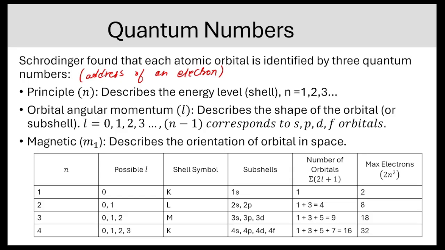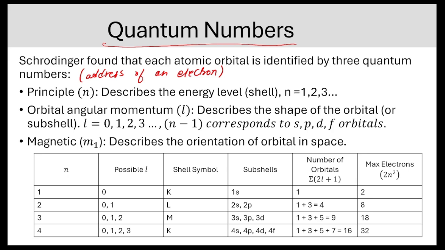The solutions to Schrodinger's equation are called quantum numbers, and there are four different quantum numbers, but three of the four define the orbital itself.